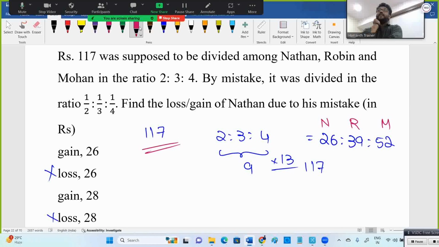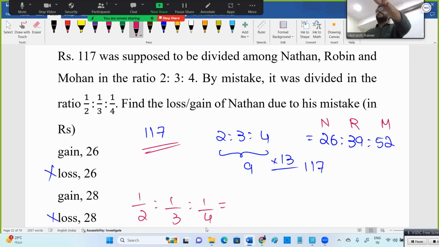But due to the mistake, they distributed it in 1 upon 2, 1 upon 3, 1 upon 4. Now, don't directly do 117 divided by 2, that is wrong. Ratio must be in integers.